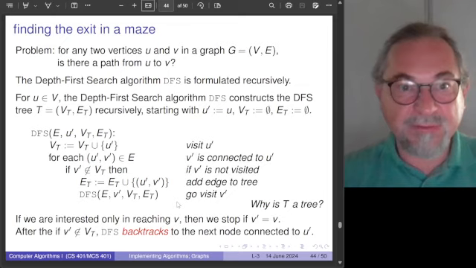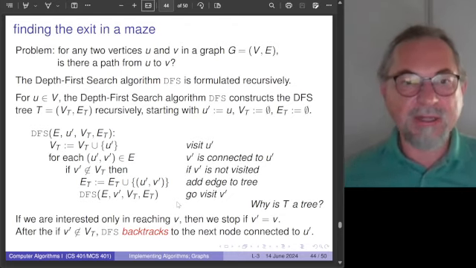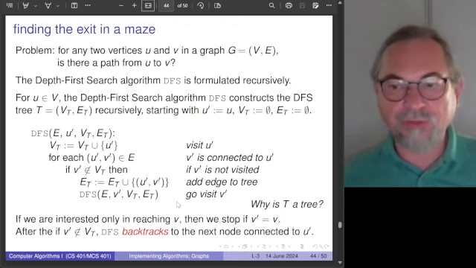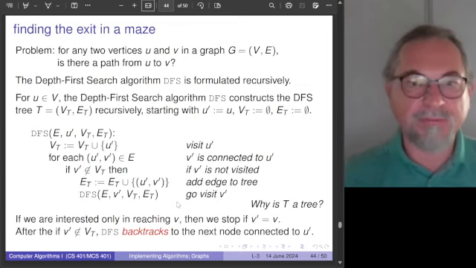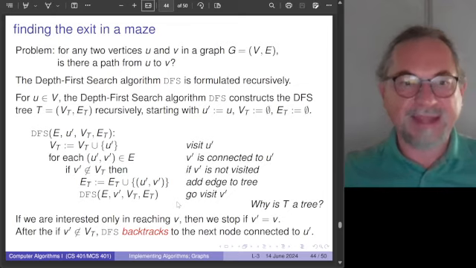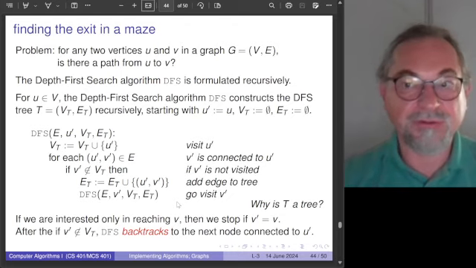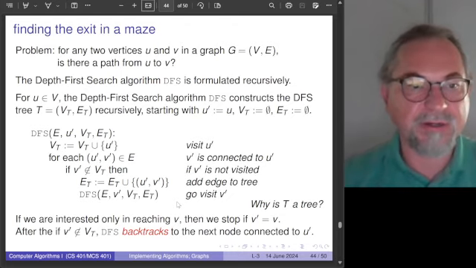So again, if you're interested in the original problem, if you're not interested in the depth first search tree, then actually you can stop as soon as you find a v prime that equals the v. As soon as you have found the exit, you terminate. That is an optimization or a small modification here.